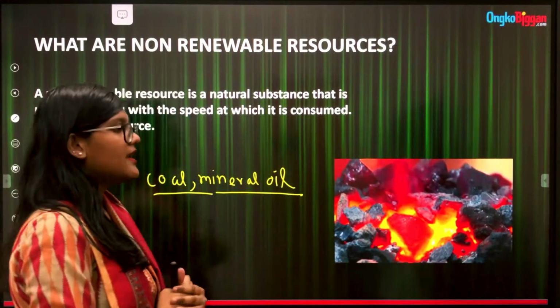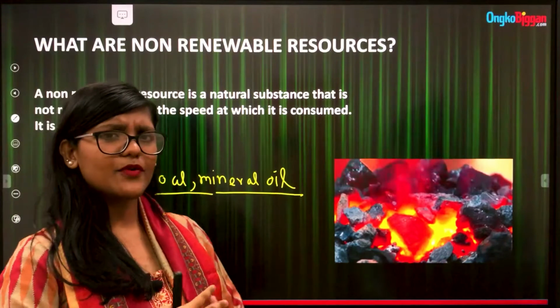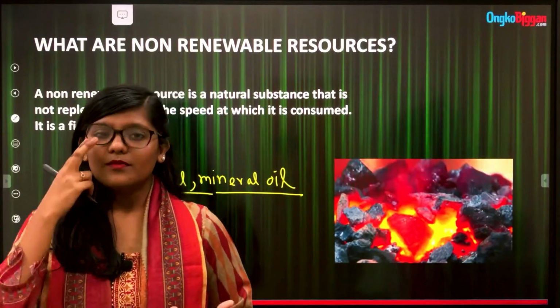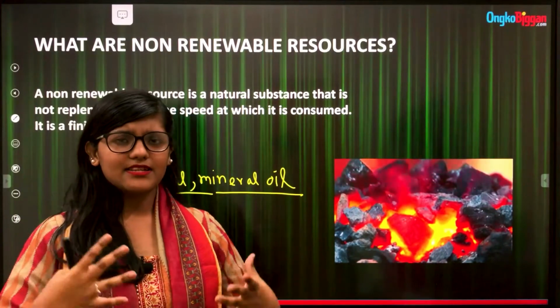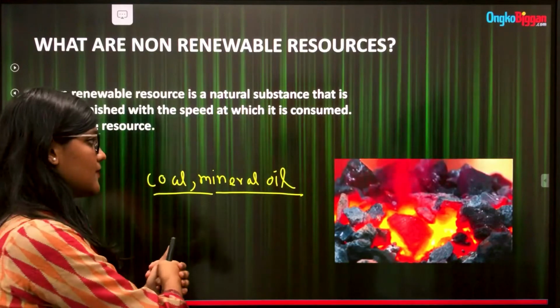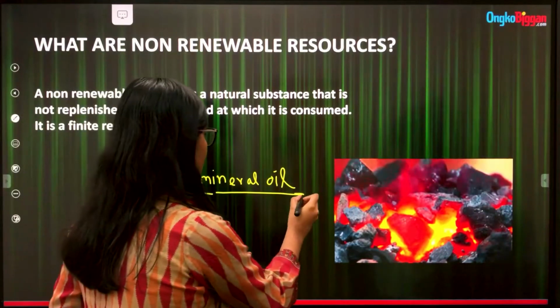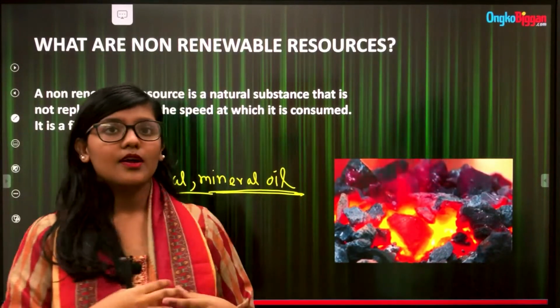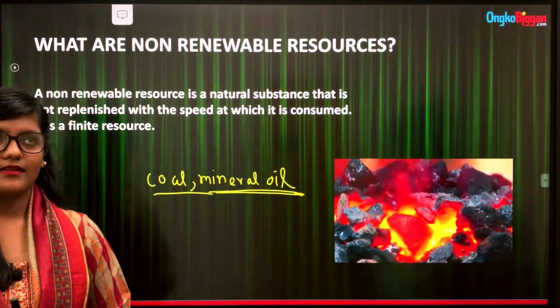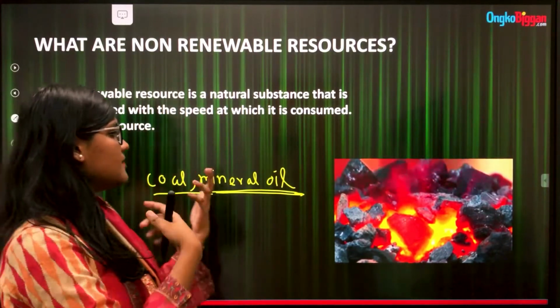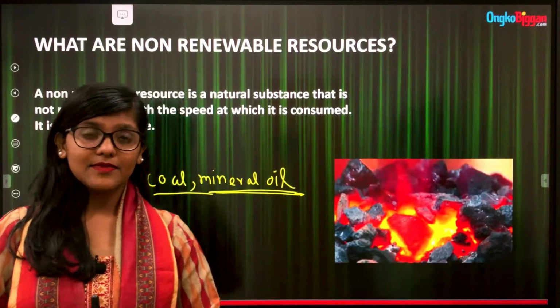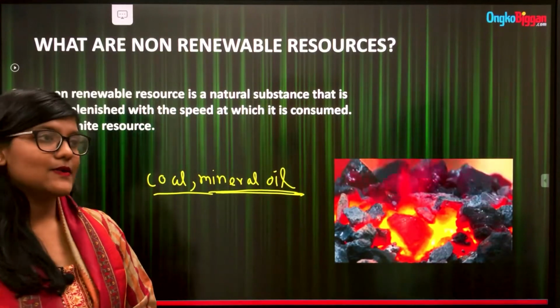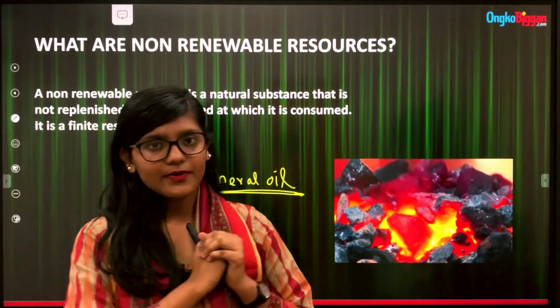Coal and mineral oil are produced over many years. It needs many years to produce. So we can't get coal, mineral oil, and other things immediately at our need. So these are actually called non-renewable resources.